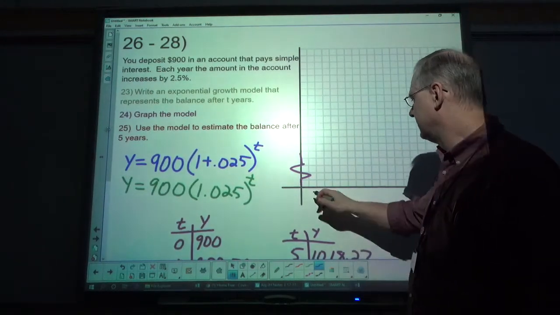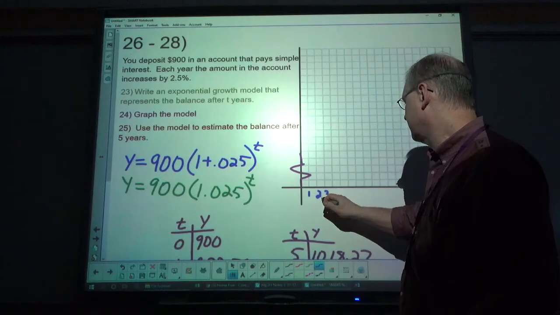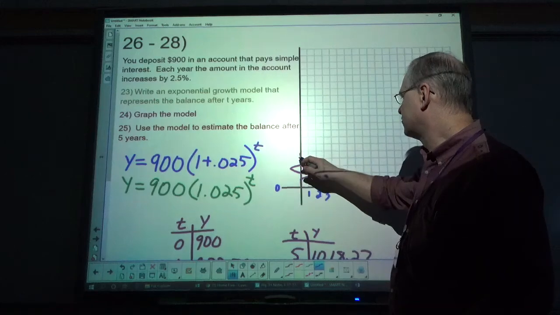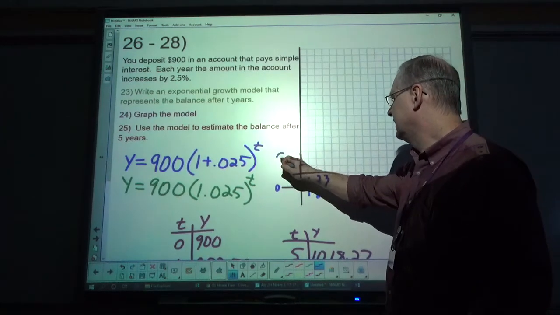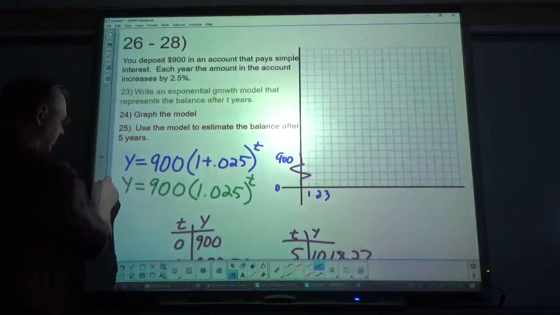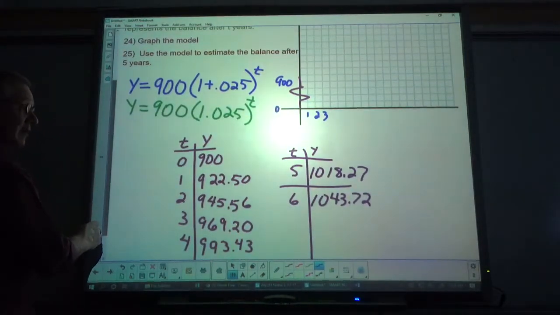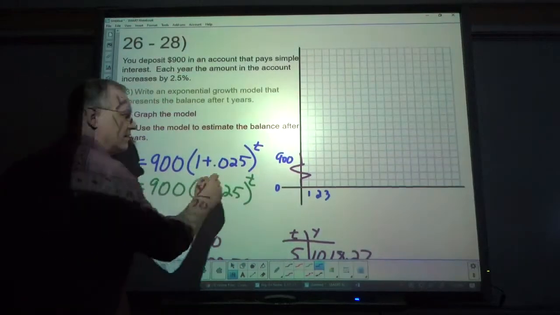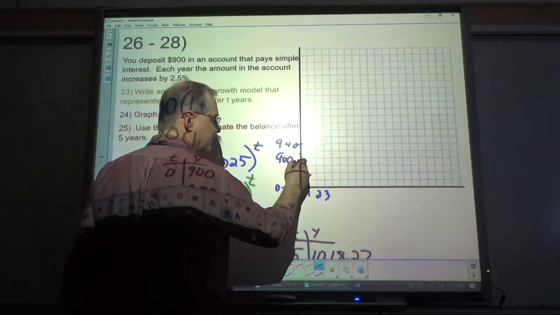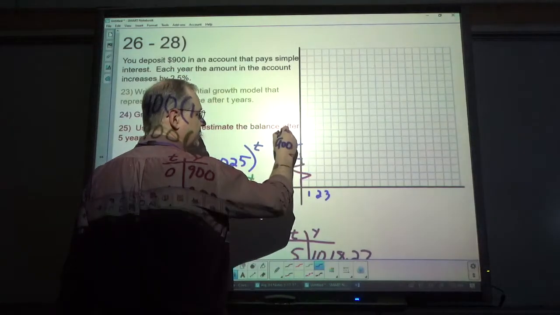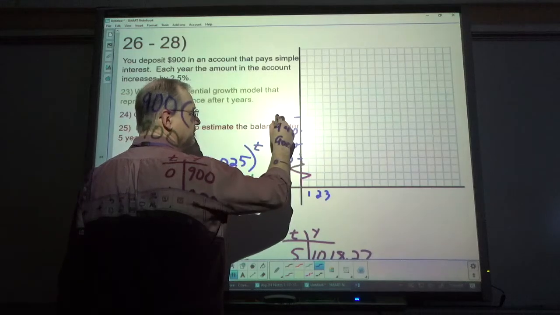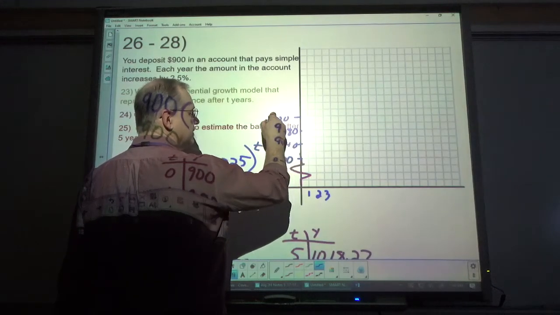Sometimes they'll label this 1, 2, 3, and they'll label this 0, but then they'll jump to 900. And maybe, let's see, how much is this going up by? Maybe we could go by 20s. 920, 940, 980, 1,000, 1,020.